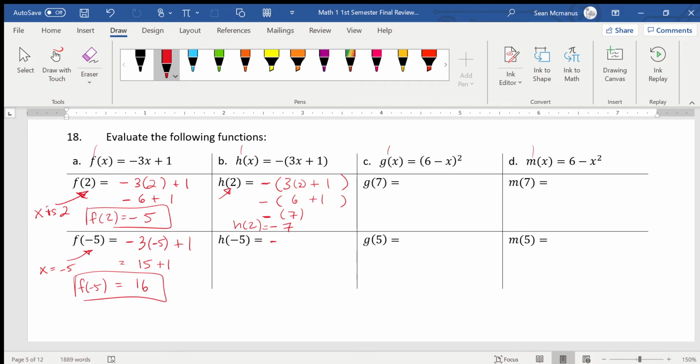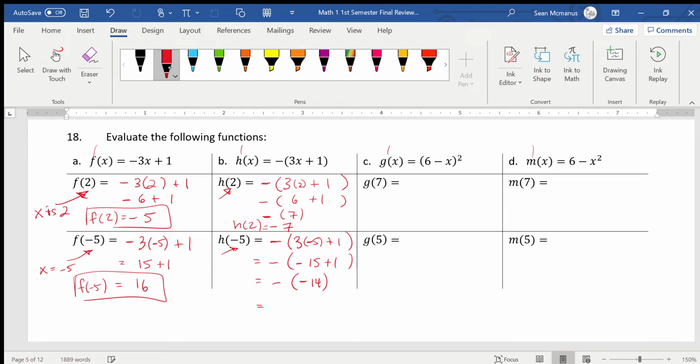So same thing, same exact equation, right? 3, I'm going to make it a little bit bigger this time, plus 1. This time I'm going to plug in a negative 5. That's what I plug in. So 3 times negative 5 is negative 15, plus 1. Negative 15 plus 1 is negative 14.